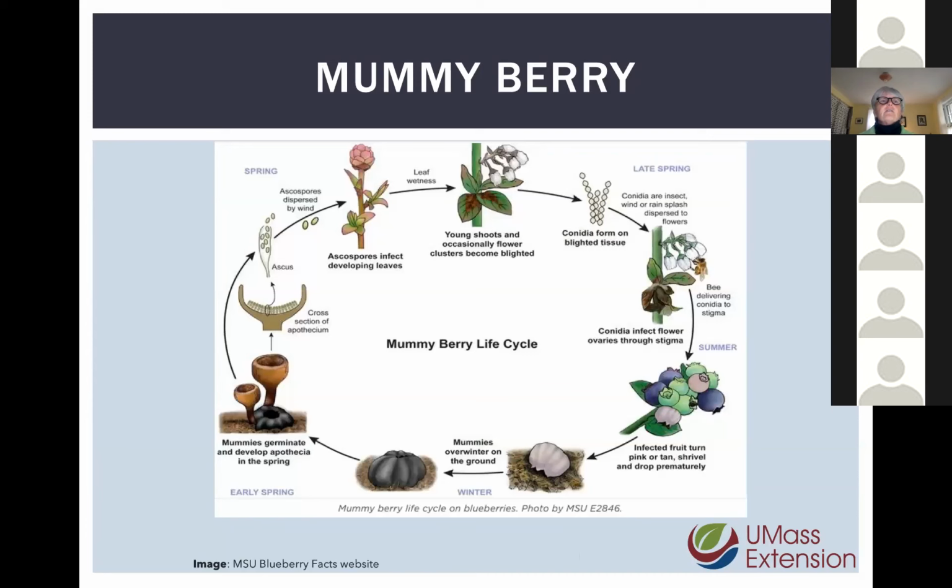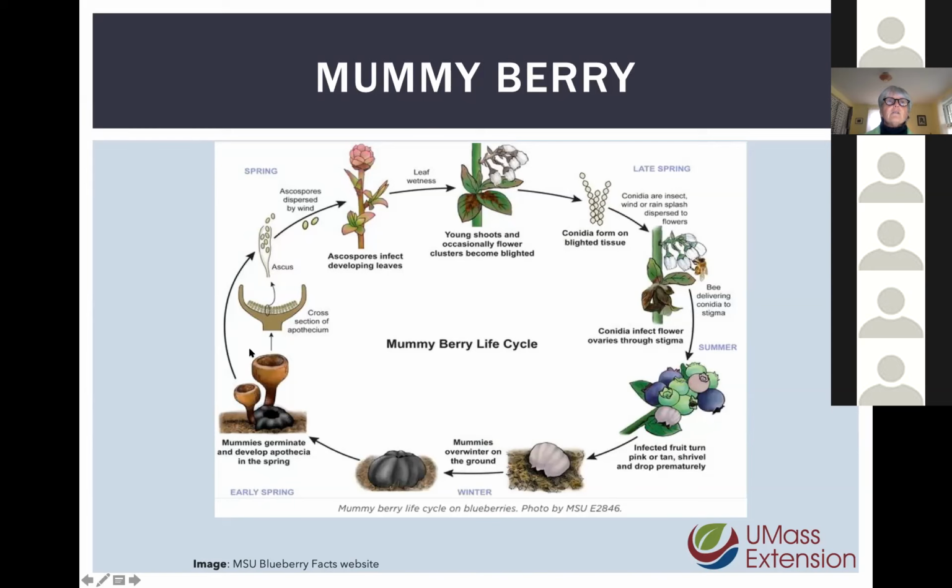And this graphic is a nice one from Michigan State that also describes that life cycle that I just mentioned, where in the wintertime, I'm not sure if you can see my cursor on the screen, the overwintering inoculum are those fallen mummified fruit.